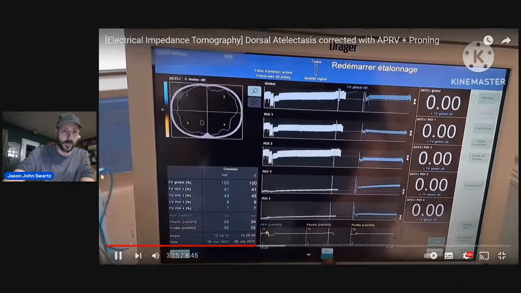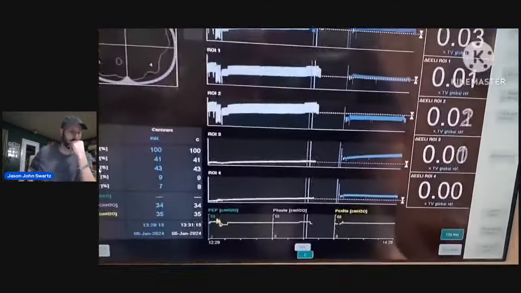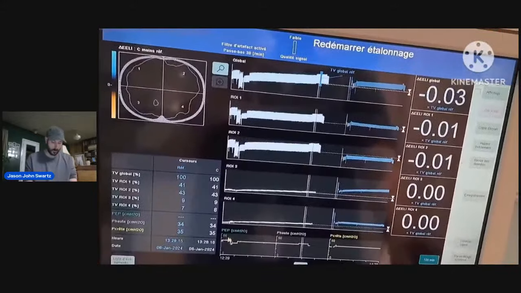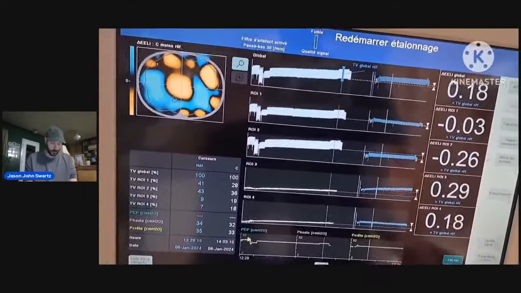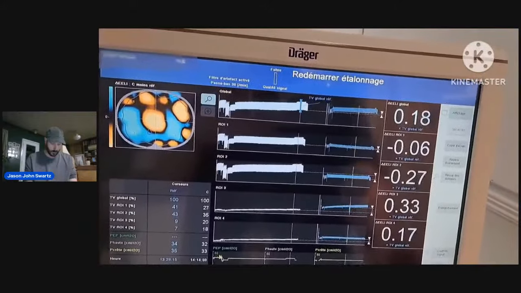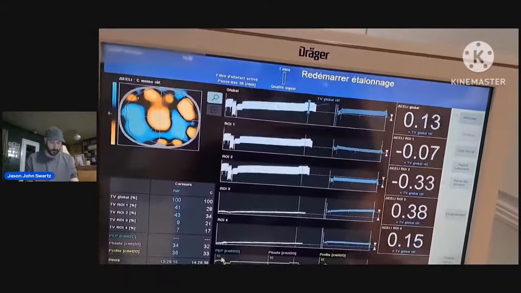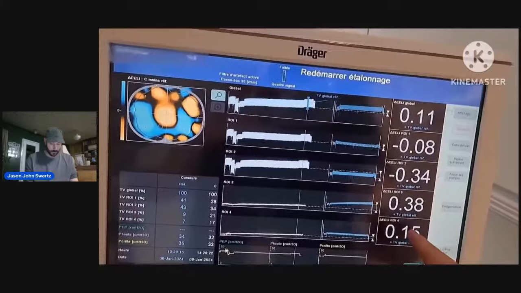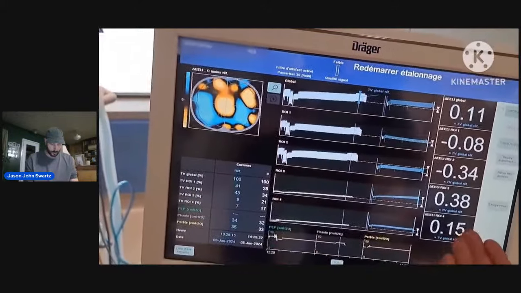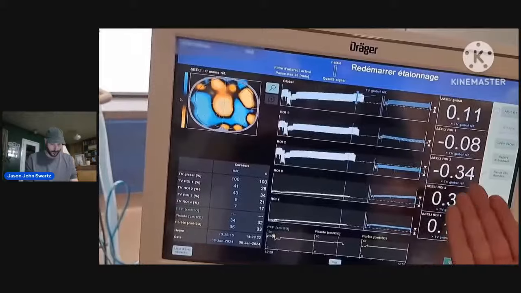I can maybe show you after this. Here, I can start with the reference, and now I'm going to start scrolling down the timeline. So this was prior to proning, and now we're going to compare after proning. We can see, especially in zone 3 and 4, the two most important parts that we're trying to recruit, we have positive impedance values.